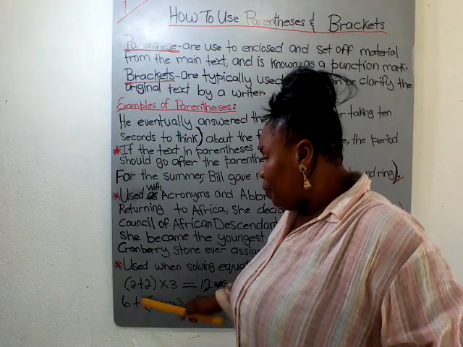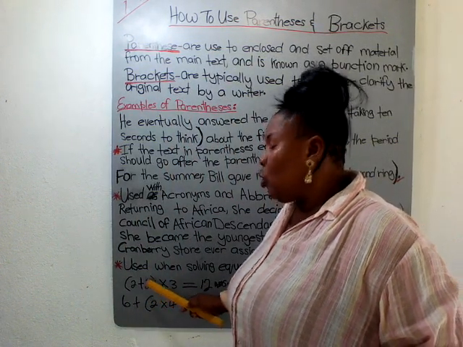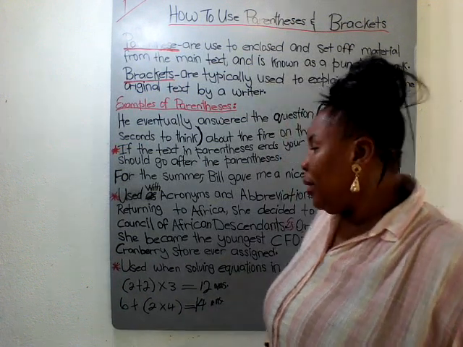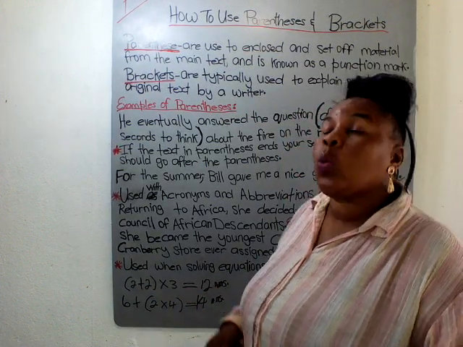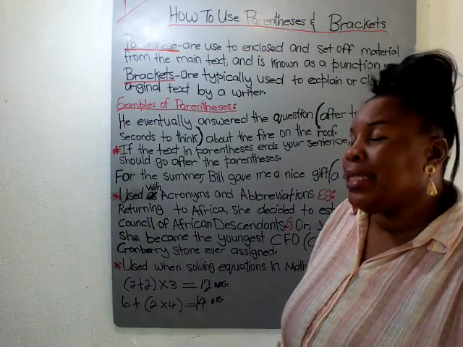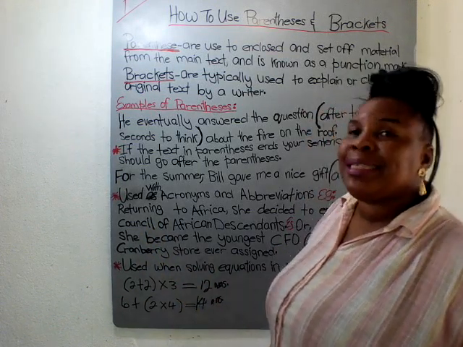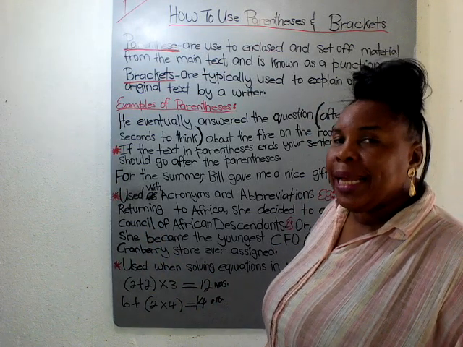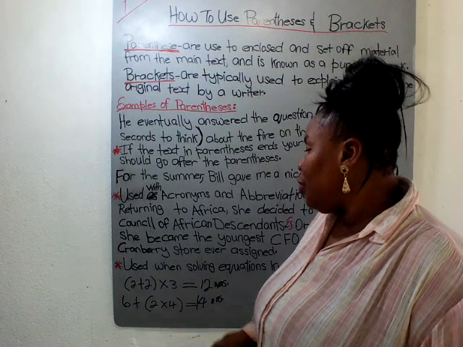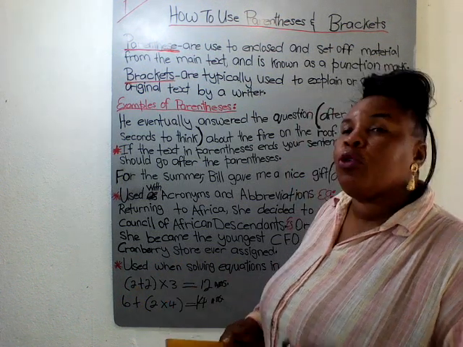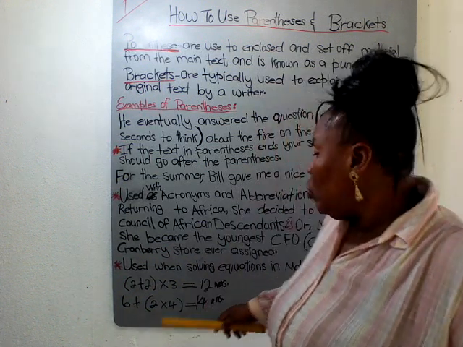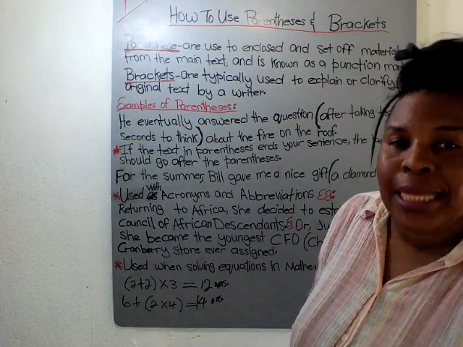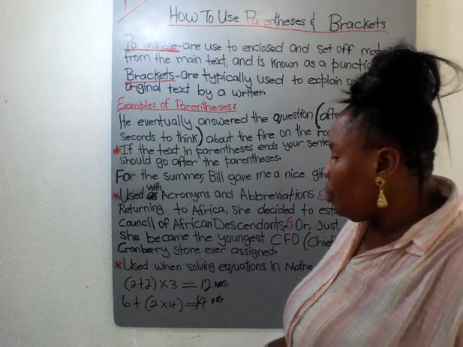So here 2 plus 2 is in parentheses, and 2 plus 2 is equal to 4. Then you're going to work out what is outside of the parentheses. You have a multiplication sign, and you also have 3. So 2 plus 2 gives you 4, and 3 times 4 will give you 12. So 12 would be the answer for this problem.